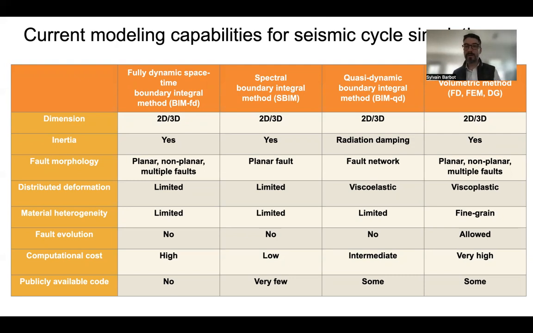So currently, the most computationally efficient method is the spectral boundary integral method to calculate the seismic cycle of a single fault plane. And the most versatile are volume-based methods using finite difference, finite element, or continuous or discontinuous Galerkin methods. But they are also the most computationally intensive. So choosing which method towards a solution is based on what simplification can be afforded and what numerical technique is available.